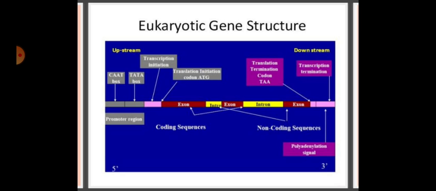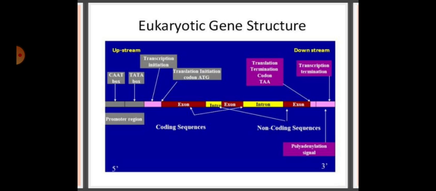Then you have got the transcription initiation site shown in pink color. Then you have got the translation initiation codon ATG. Then you have the red colored coding sequences, which are the exons. In this case, you can see 1, 2, and 3 red boxes, which are 3 exons.